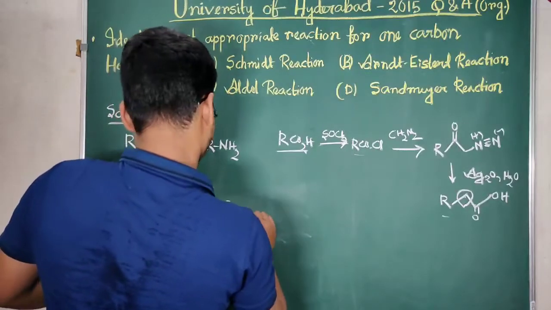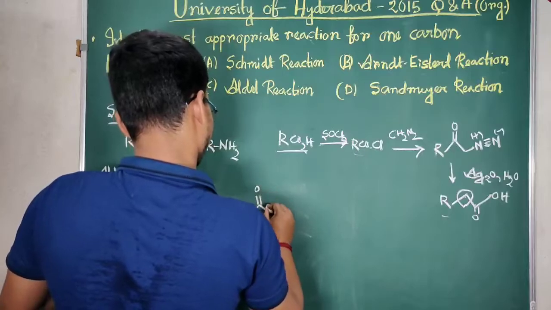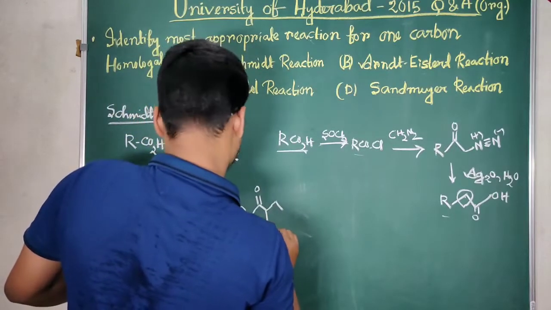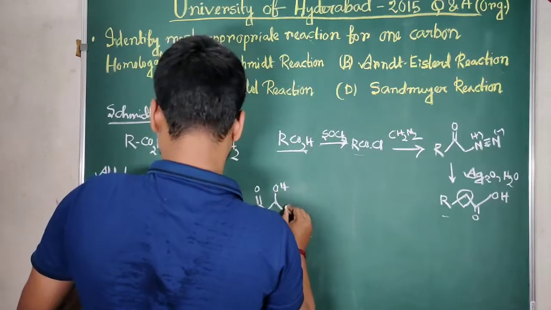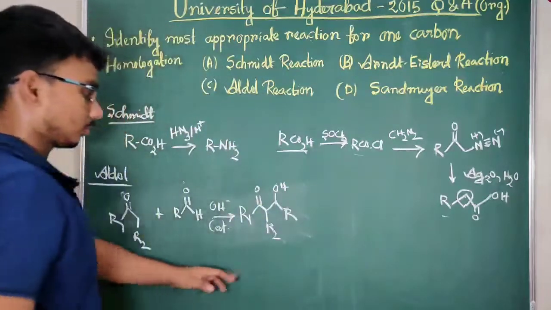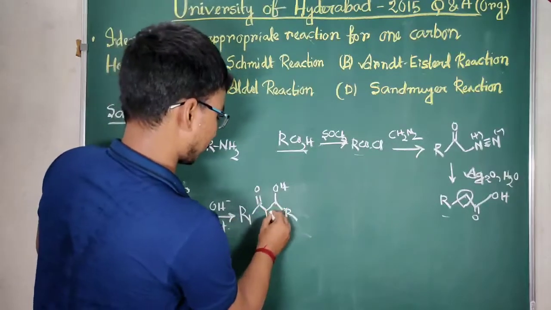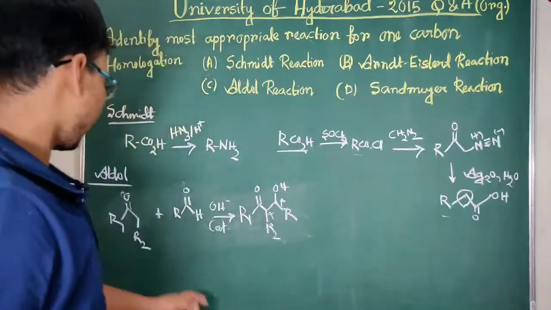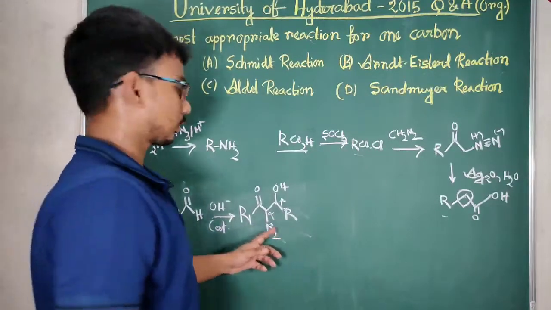Then what we get is R1, R2, with OH, and R. So a beta hydroxyketone is produced. So here no homologation or degradation occurs.